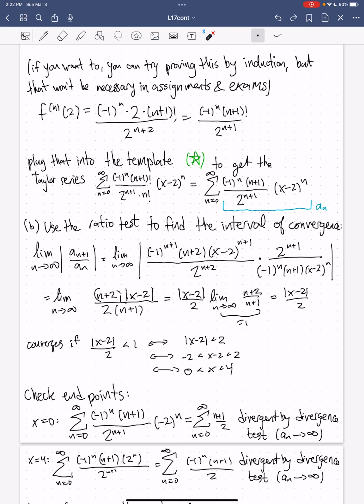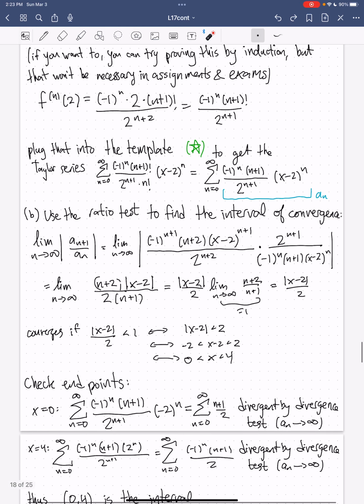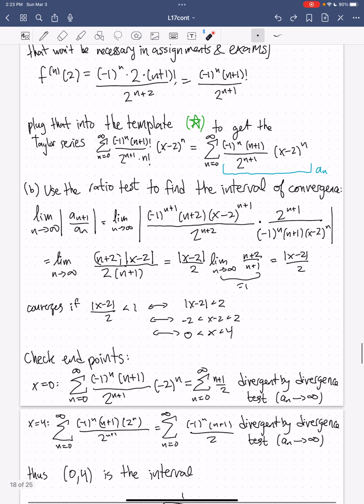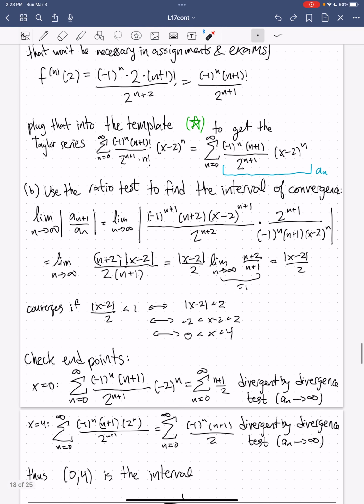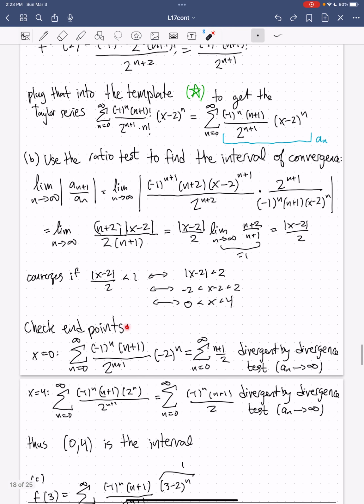Now by the ratio test, if that number that we're left with is less than 1, then our series will converge. So we set up that inequality and we end up with x is between 0 and 4. Because the ratio test doesn't tell us anything about when the limit is equal to 1, that corresponds to checking these endpoints of the interval.